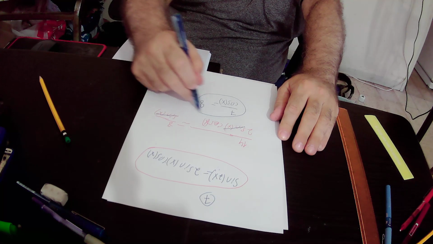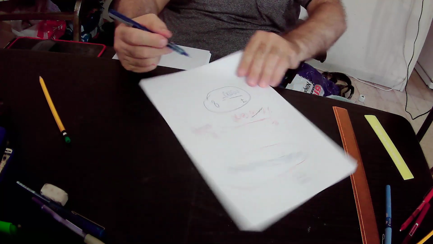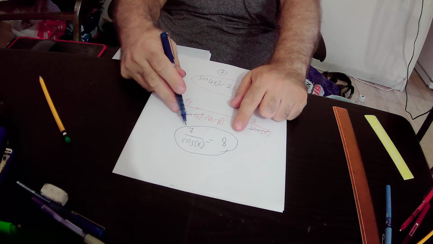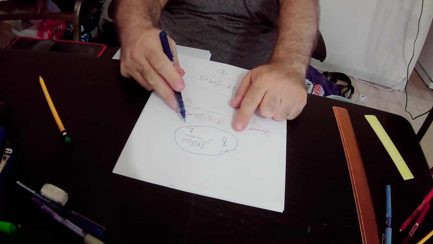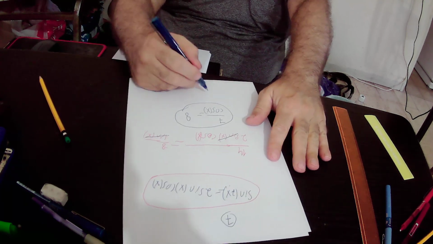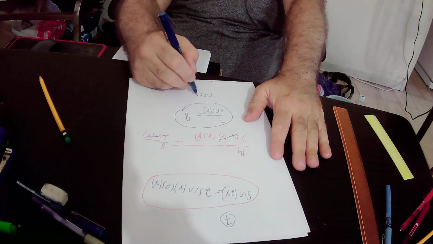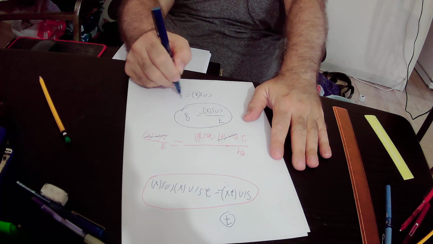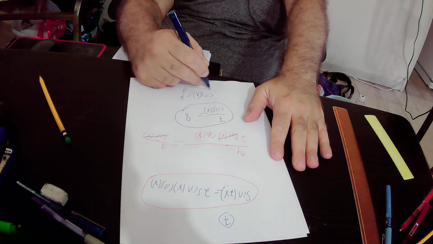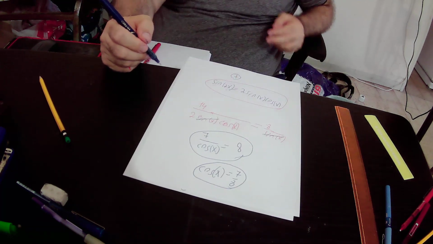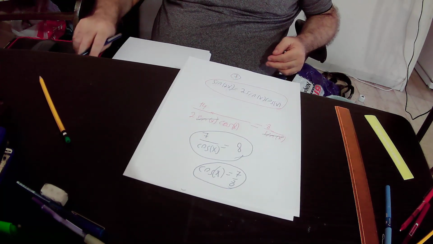Okay, here we will multiply this equality by cosine x, and then we will divide it by 8, and we will get that cosine x equals 7 over 8. We found out that cosine x equals 7 over 8.